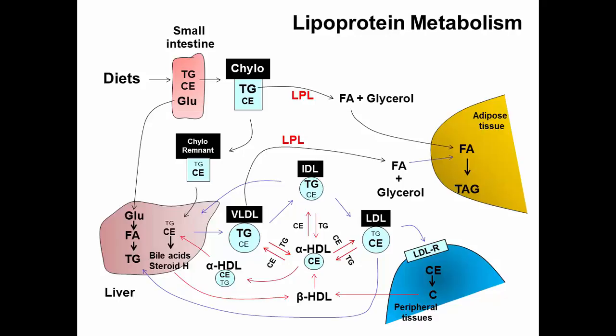For example, the chylomicron is synthesized in the small intestine, and its main function is to transport triglyceride. Once the chylomicron is synthesized in the small intestine, it transports lipids, particularly triglyceride, to the adipose tissue, which is the main destination for the chylomicron.